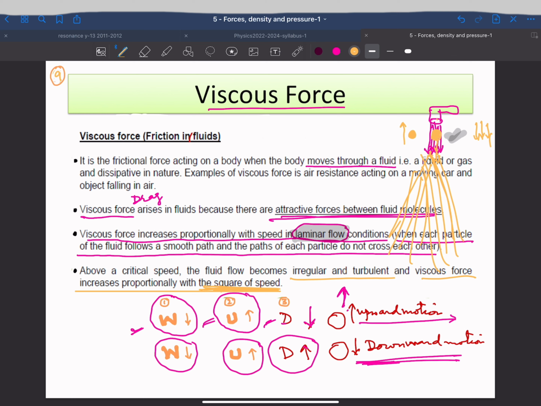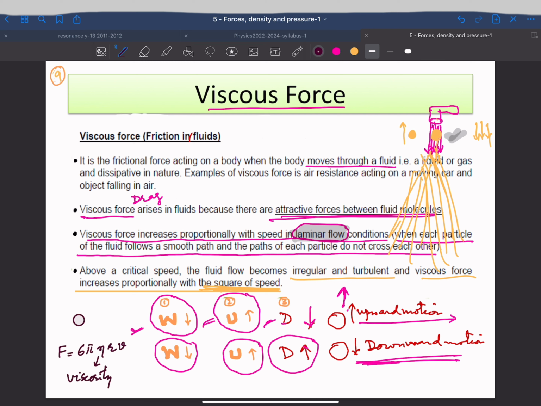Basically, viscous drag is a complicated force. Suppose you have a small metallic sphere, and this metallic sphere is passing through or flowing through a fluid, then we can use the equation F is equal to 6 pi eta R V, where eta is the viscosity.